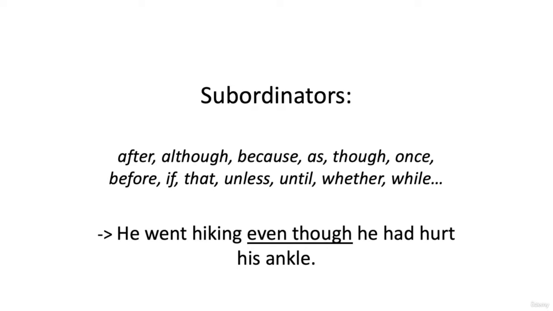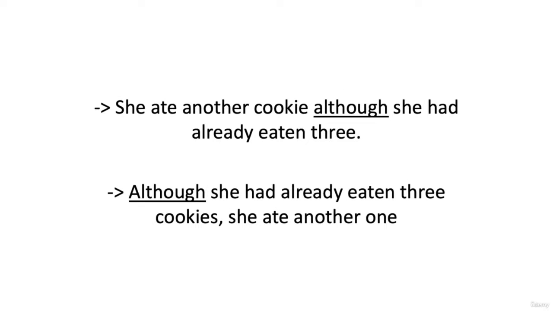Notice how there isn't a comma in this example. We only use a comma to separate an independent and dependent clause when the subordinator is at the beginning of a sentence. For example, she ate another cookie although she had already eaten 3.